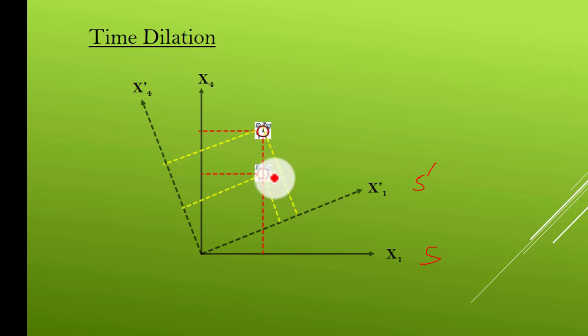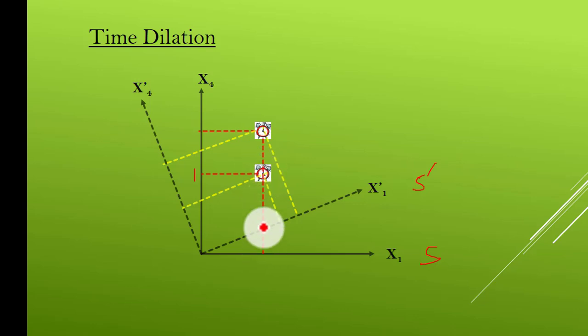If I have to represent this clock's position in the S frame of reference, its position is the same, that means the x coordinate is going to remain the same, but its time, suppose it ticks at time t equal to 1 minute, and then after 1 more minute, after the second minute, this clock is again going to tick.